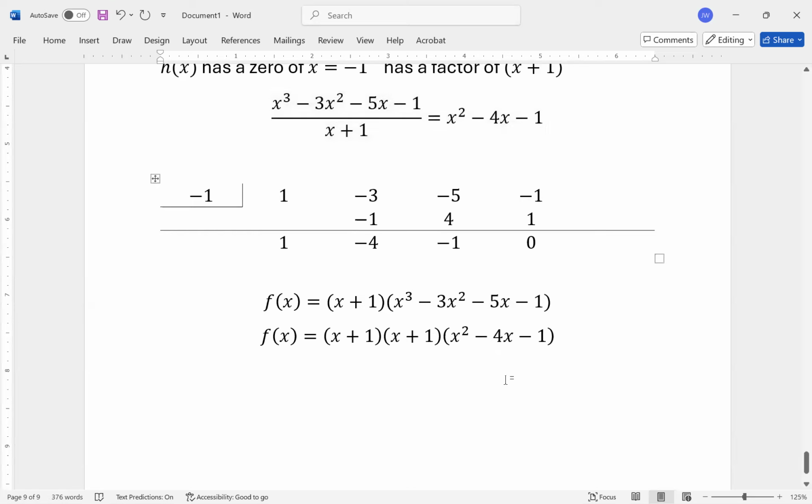And then I could say, can I factor this quadratic? Turns out I can't. There's no factors of -1 that add to -4. But I could solve that quadratic equation when I set it equal to 0.